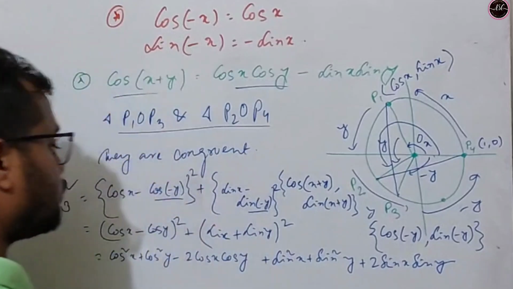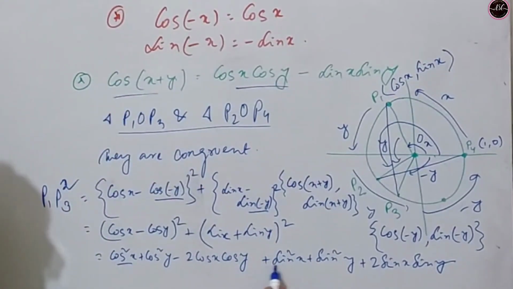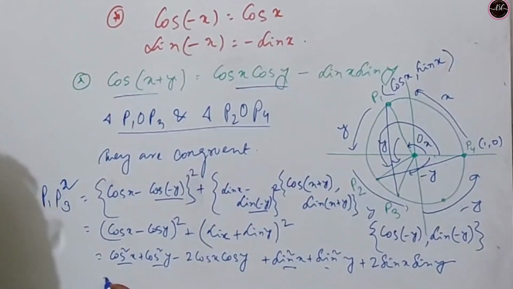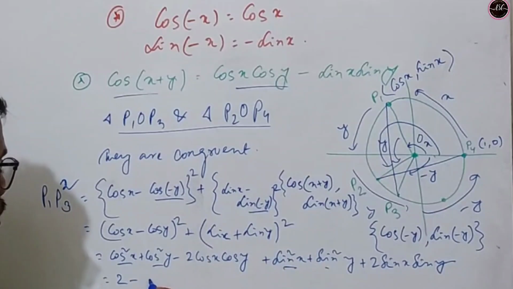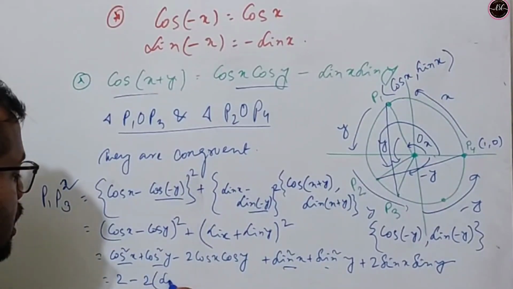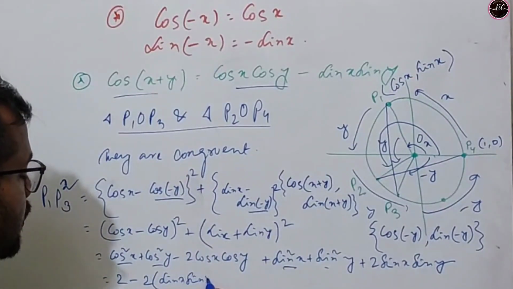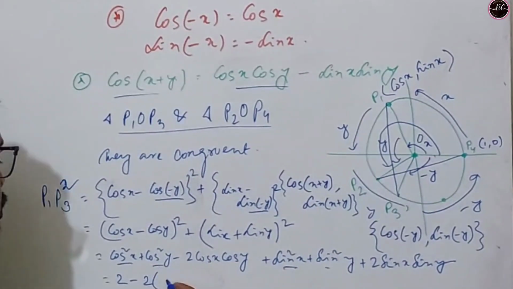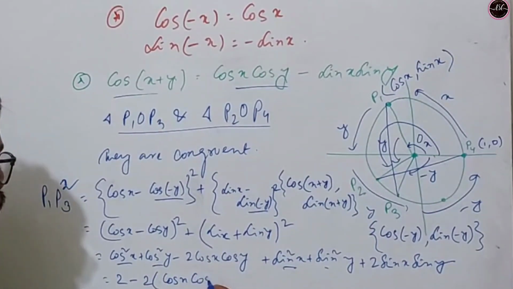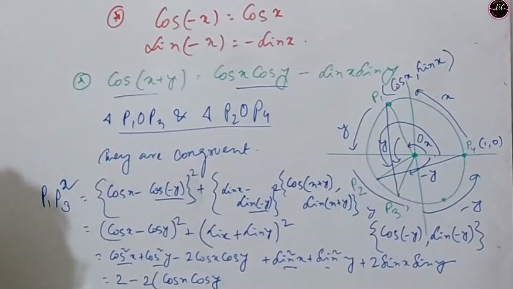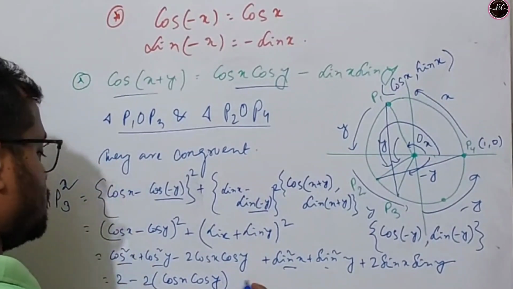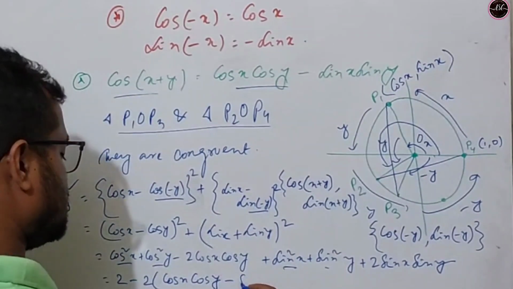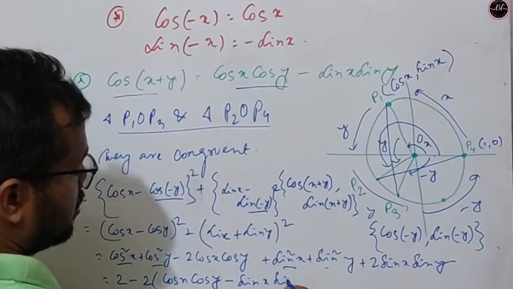So this will be 1 and this will be 1, therefore we get 2 minus, if we take 2 common, cos x cos y minus sin x sin y.